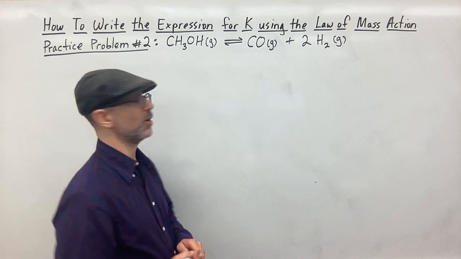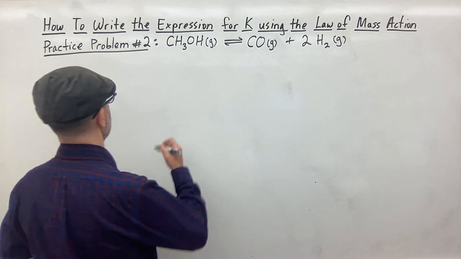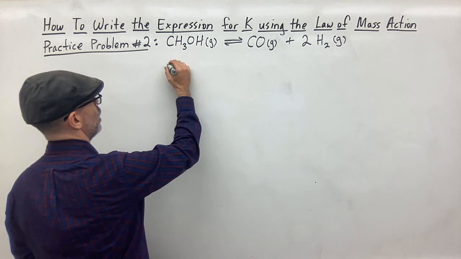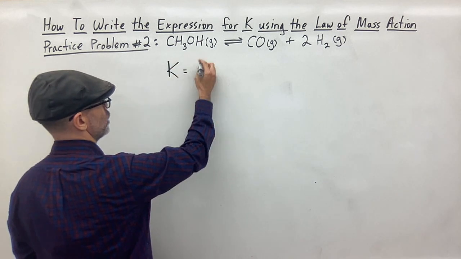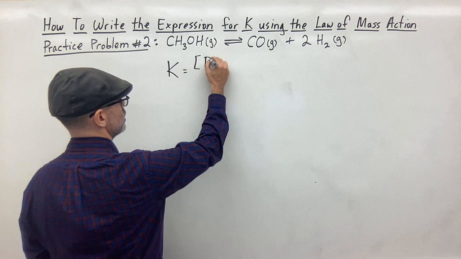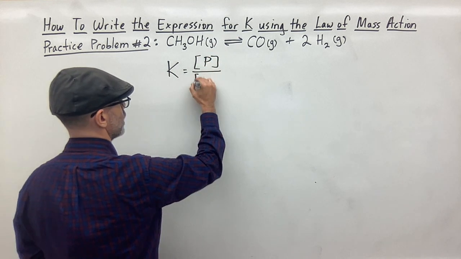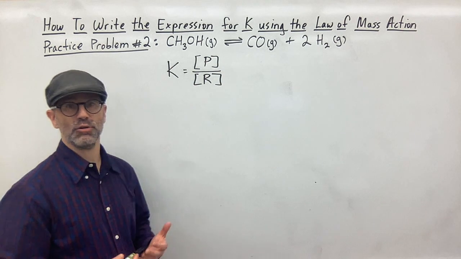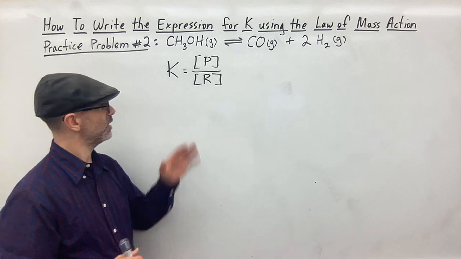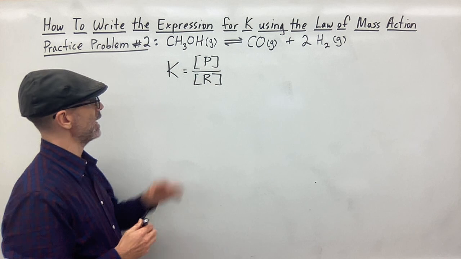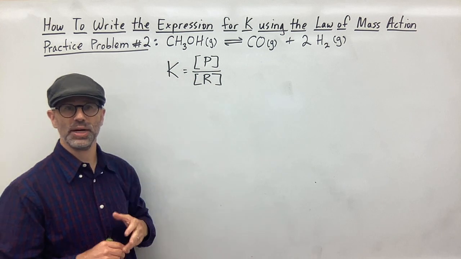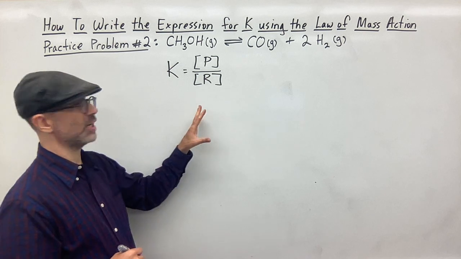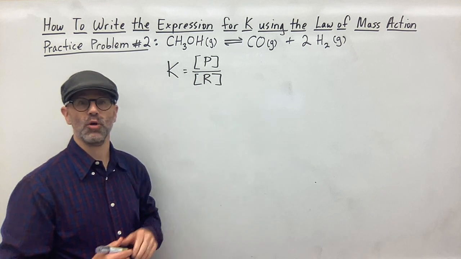So the thing to remember, or a couple of things that we remember, is that your K value is basically going to be concentration of products over concentration of reactants, right? That's the general idea, products over reactants, and it's the concentration of, or if you're given pressures, it's going to be the pressures of those substances, and it's going to be raised to the powers of their coefficients.